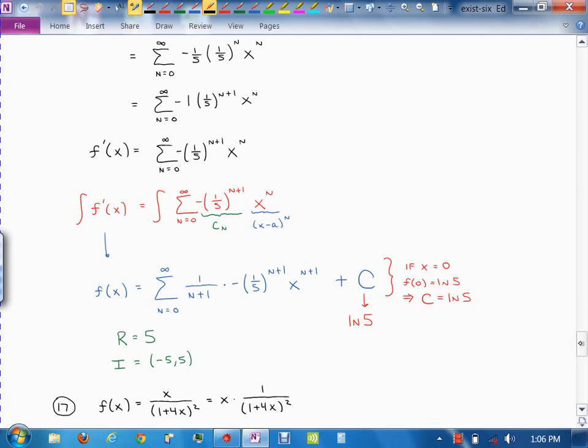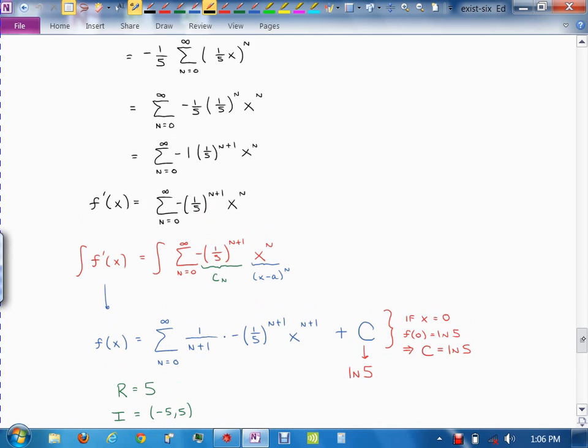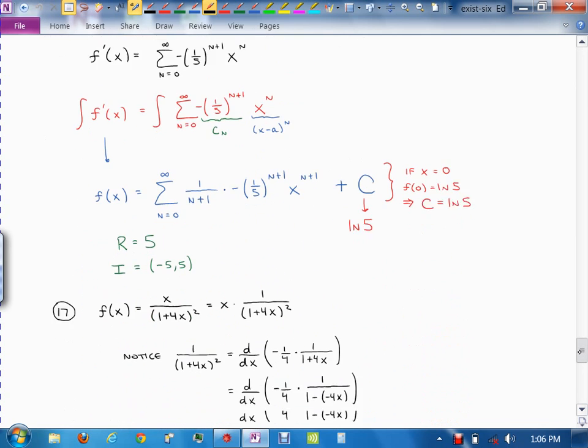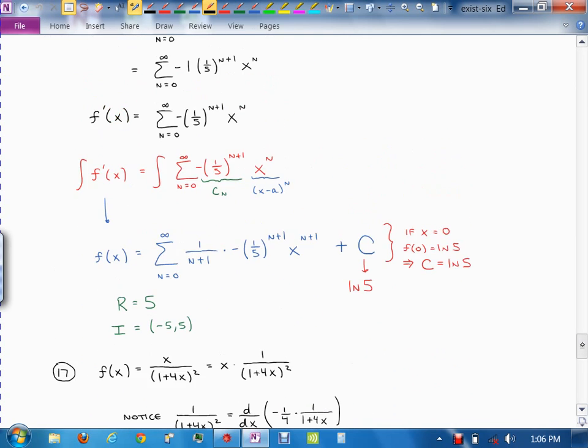What they do is they say, what if x is 0? So they go back and look at the original function, right here. What if x is 0? What do you get? You should get natural log of 5, right? But come back down here and look at our power series for f of x. What happens if we let x be 0 here?